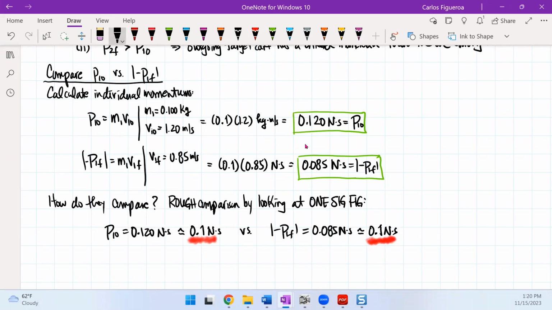If I look at the ratio of P1 initial to minus P1 final, I would guess that that's about 1.7. Is that right? No, I don't know what that is. What is that number? I didn't calculate that number. Let me calculate this just so that we see.